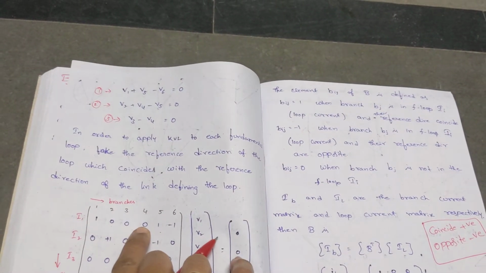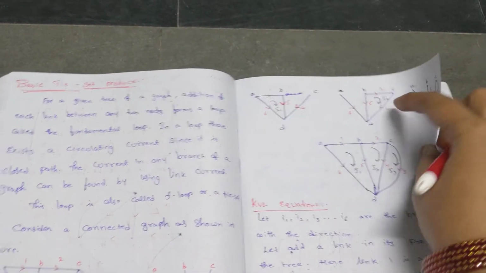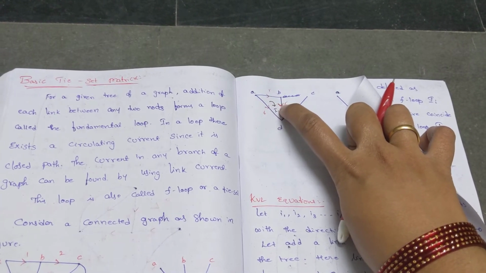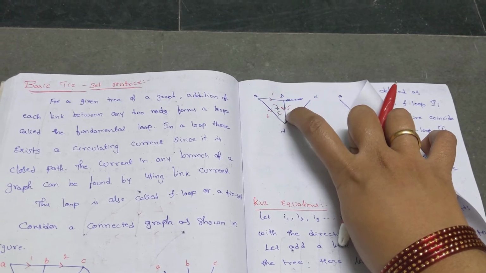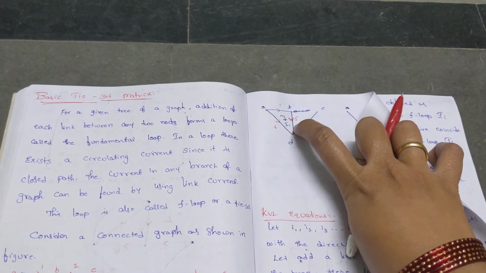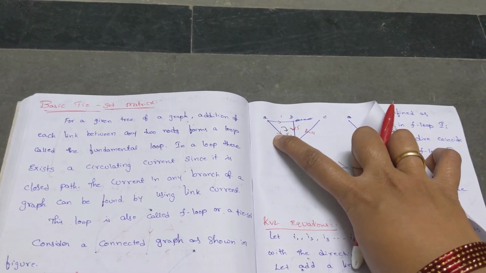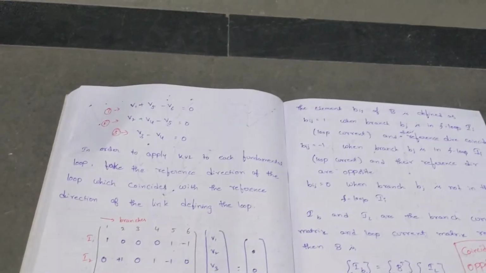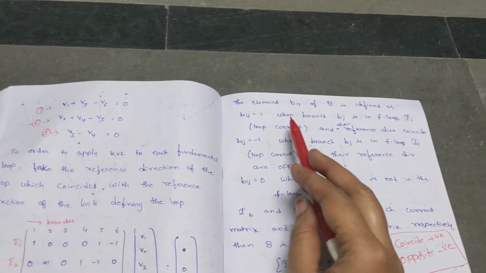Whatever branch direction coincides with your loop current, that means 1 and 5 coincide with your loop current 1, so we assume it as positive. And whatever is in the opposite direction, that means 6 is opposite to your loop current, so we consider it as negative.